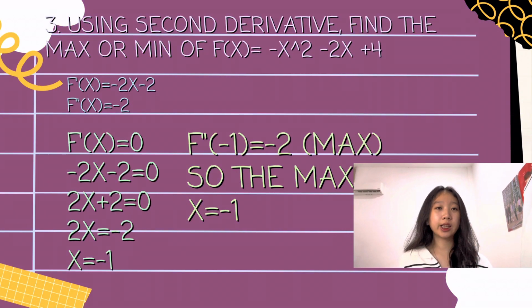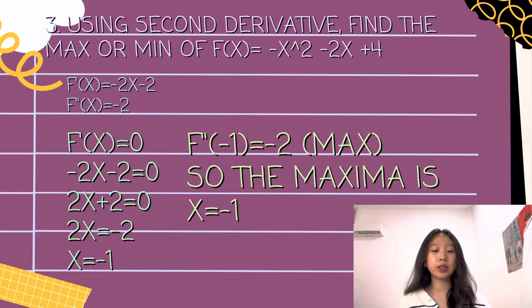For the third example, it was just the same as the second example. We have to find the maximum or the minimum of the function using the second derivatives. The way we do it is the same. Find the first derivative of f(x) first, which is minus 2x minus 2.